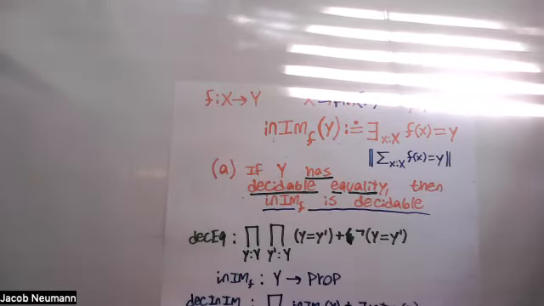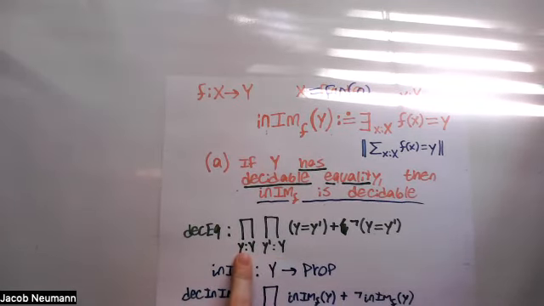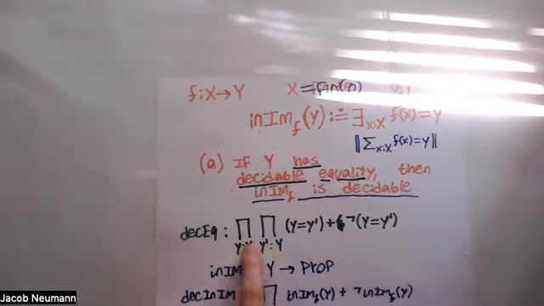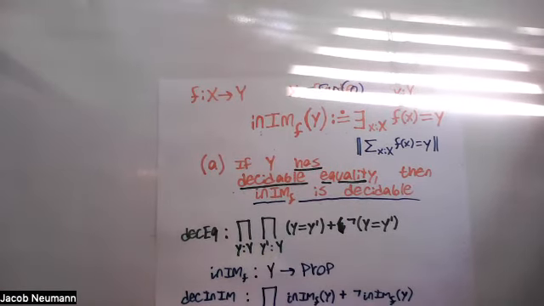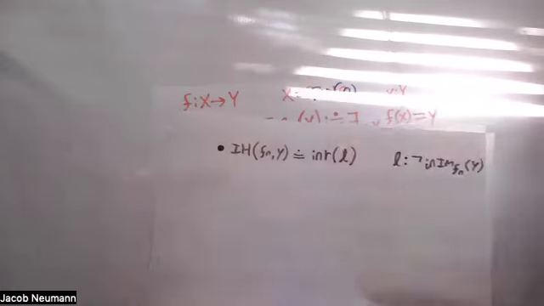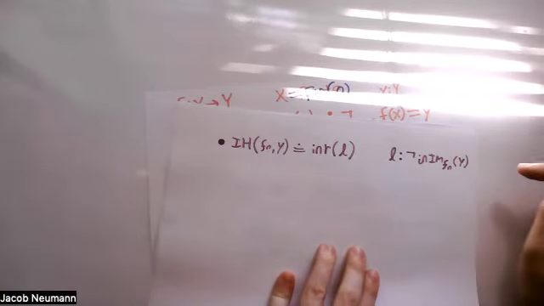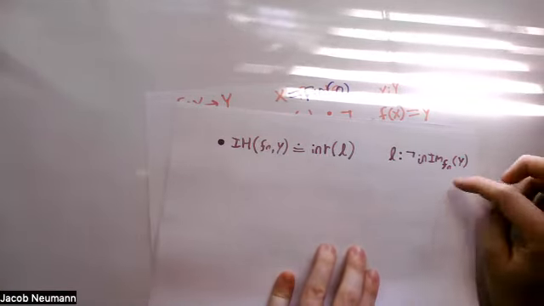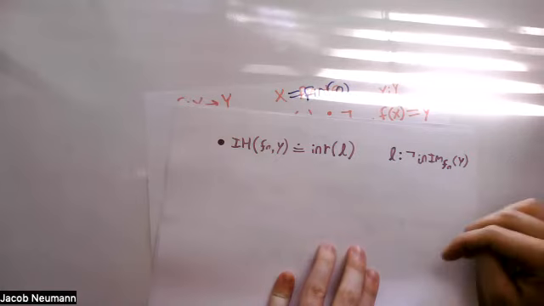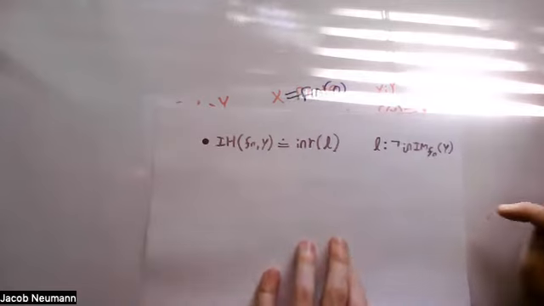What that says is that for any two y and y prime, either they're equal or they're not. And so what L tells me is that f of 0 is not y, f of 1 is not y, all the way to f of n minus 1 is not y.